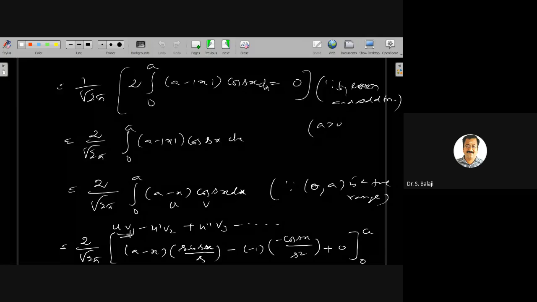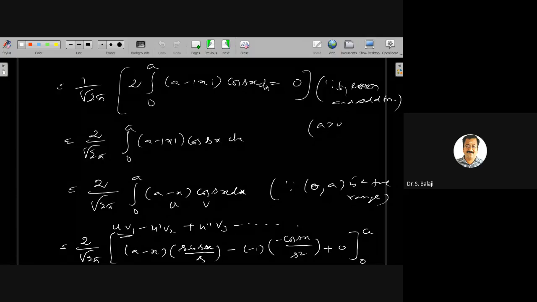What is Bernoulli's formula? u v1 minus u dash v2 plus u double dash v3 minus, etc. Differentiate the first function, integrate the second, and put plus or minus alternately.